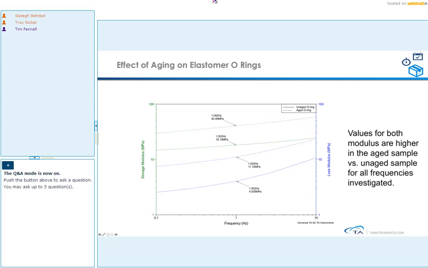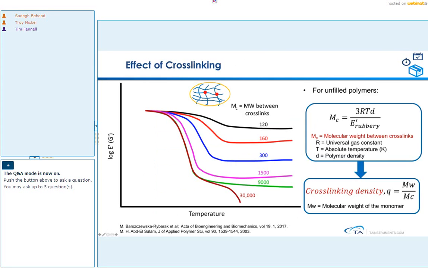And you can see that your modulus increases, is almost tripled in loss modulus, and in storage modulus is almost double. So again, why this is happening is mostly because of cross-linking.